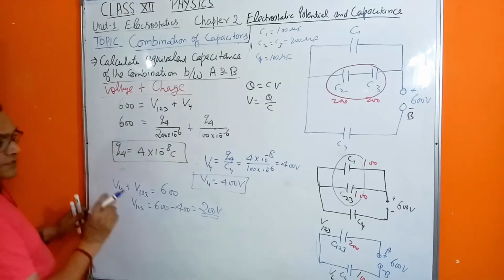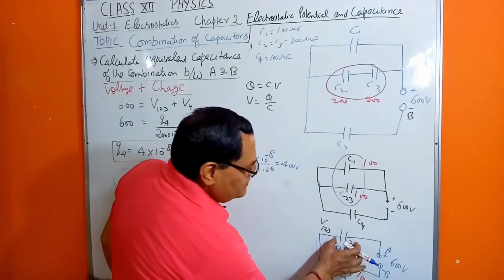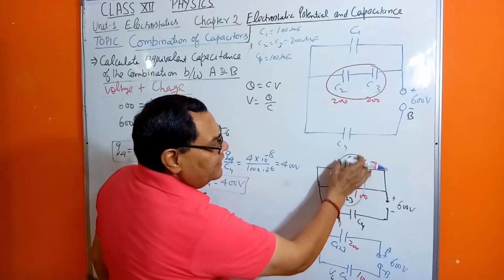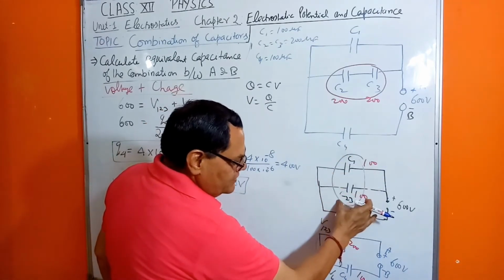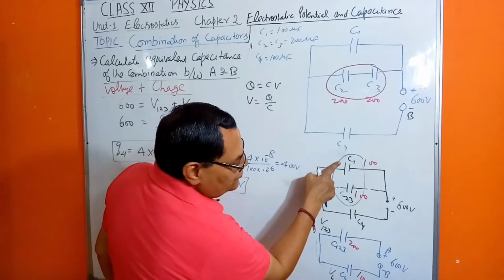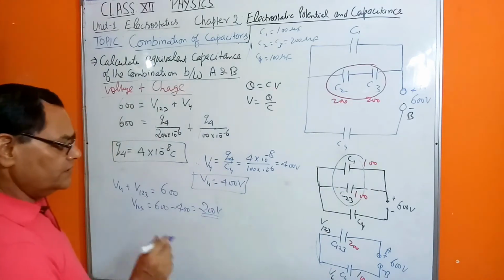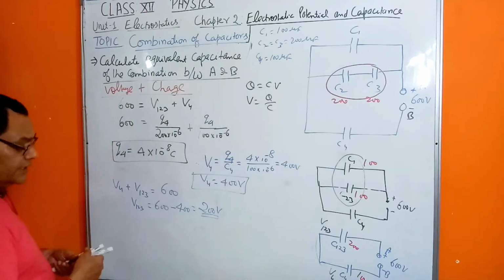Clear? So this V123 is actually the voltage on the resultant of these two in parallel, and in parallel the voltage is the same, meaning the voltage on this will also be 200 and the voltage on this will also be 200. Please understand, it is very, very important.